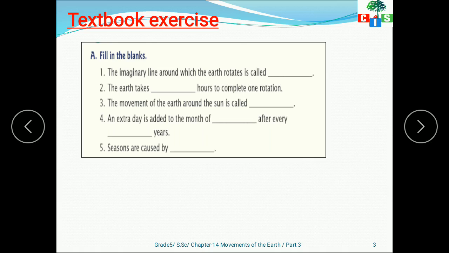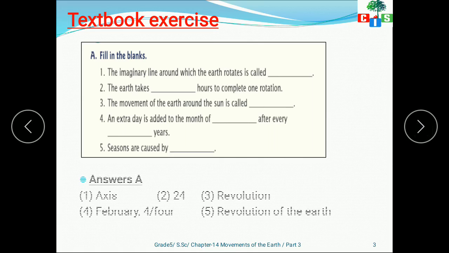Seasons are caused due to the revolution. So what are the answers? First is axis, second is 24 hours, third is revolution, fourth is February and 4 years, and fifth is revolution of the earth.